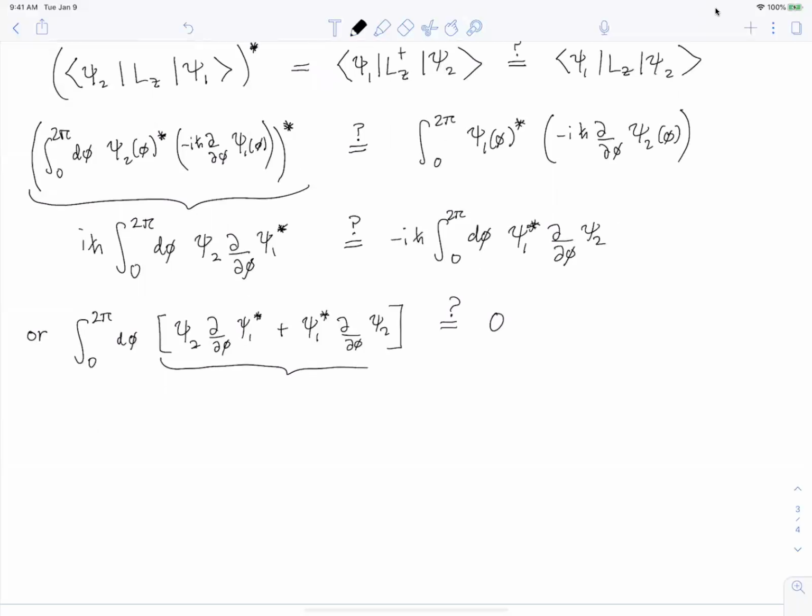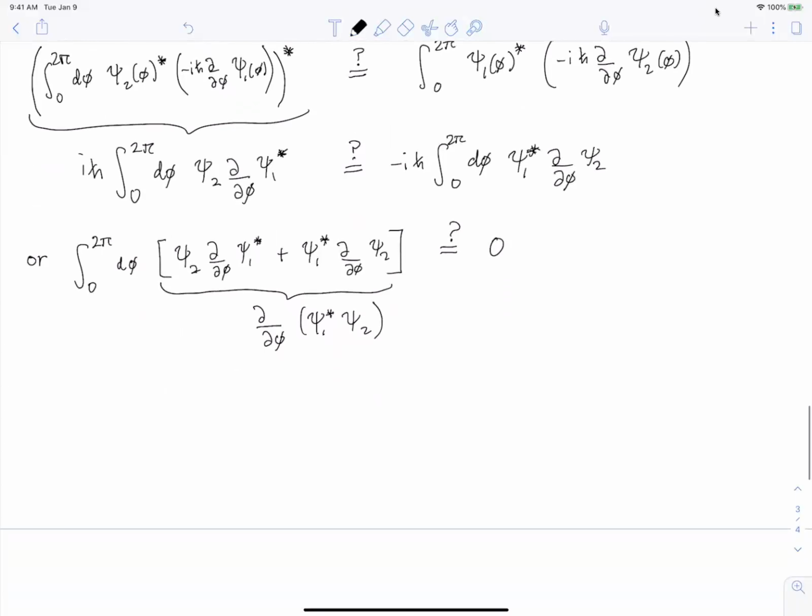Everything in the square brackets I can rewrite as a total derivative, a derivative of psi1 star psi2. The fundamental theorem of calculus says that when I take the integral of a total derivative, I just get the function. So this says psi1 of phi star psi2 of phi, first evaluated at phi equals 2 pi, then evaluated at phi equals 0.